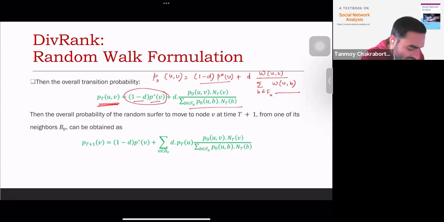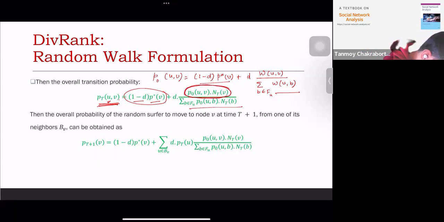What you are doing is checking the probability from u to v. Now what is this probability?